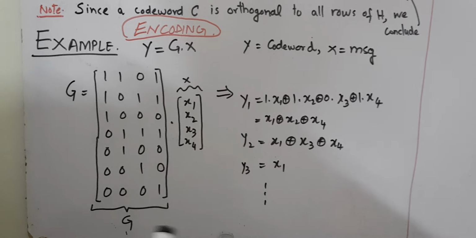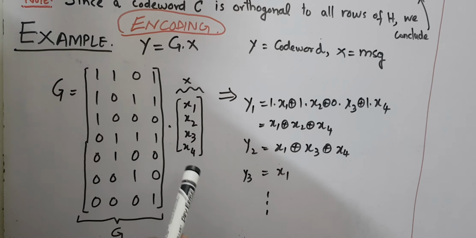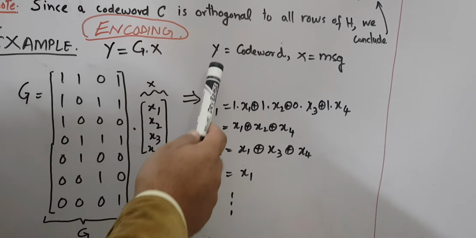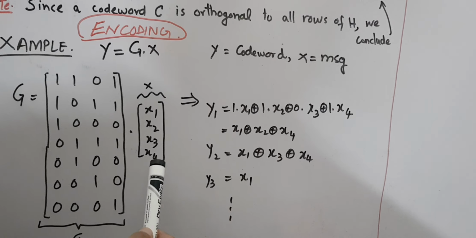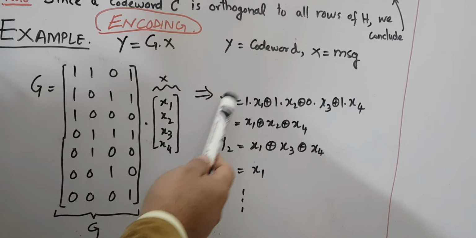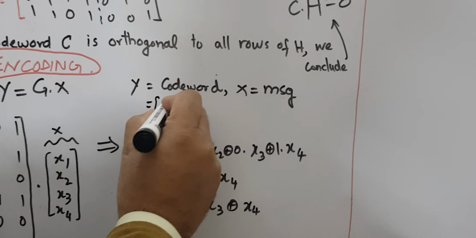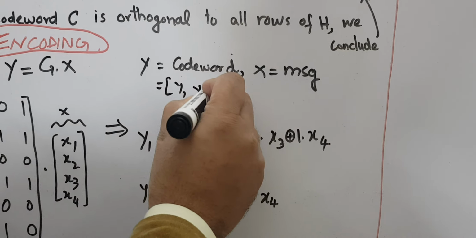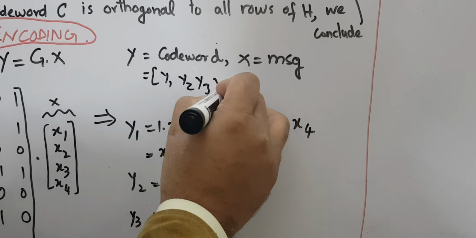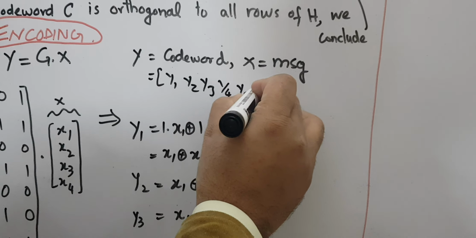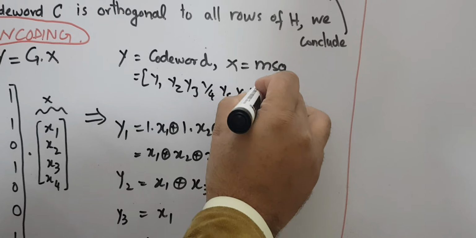So it means that you can have a 7 bit code word. Y is your code word and X is the message bits. So Y will be equal to Y1, Y2, Y3, Y4, Y5, Y6 and then Y7.